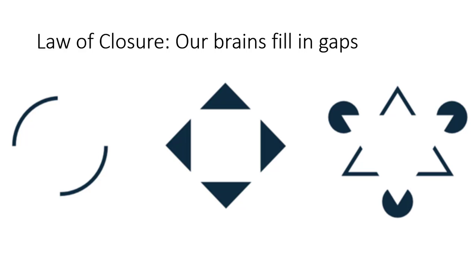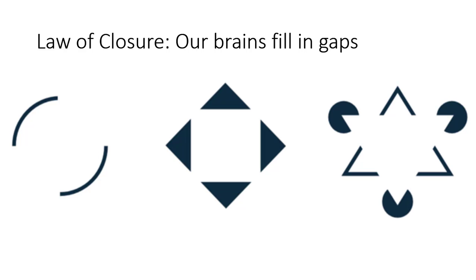And again, looking at the other objects, they all have gaps in them, but we can fill in those gaps mentally and then generalize what the object would look like without those gaps. We can infer that object. Objects, according to the law of closure, that have gaps in them tend to be more memorable.